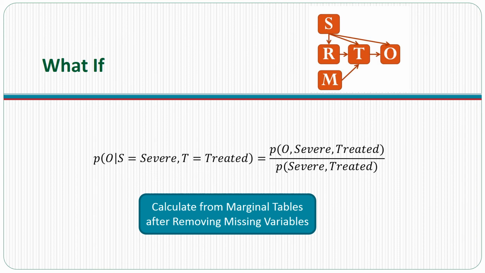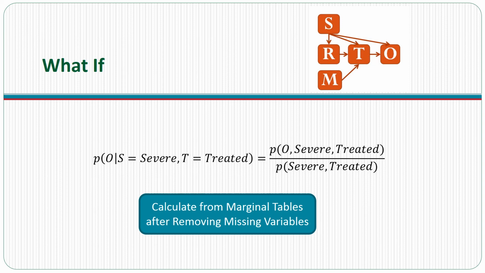Conditional questions are asked often. Bayes-net causal networks provide a useful way to calculate these data. For example, information on comparative value of treatment may be asked. Here we are looking at what are the likely outcomes for severe patients who received a particular treatment. If the joint distribution is known, then the conditional probabilities could be easily calculated.